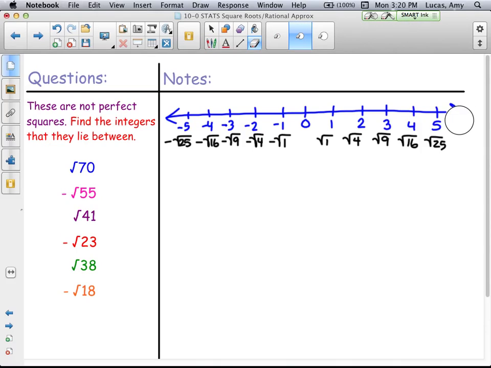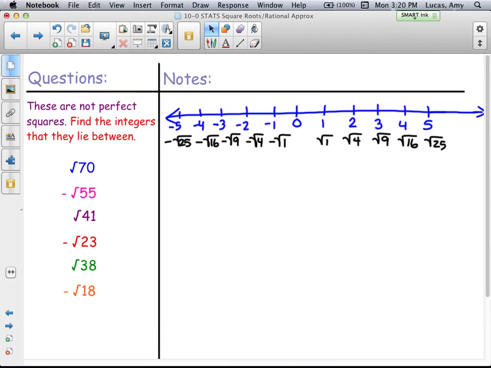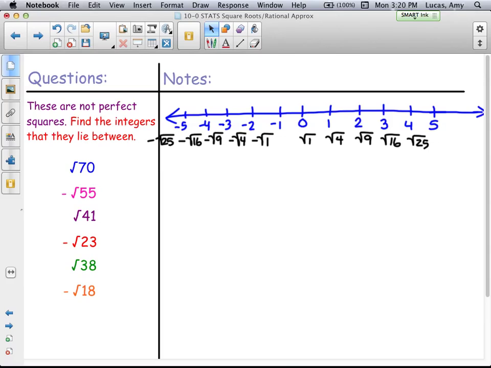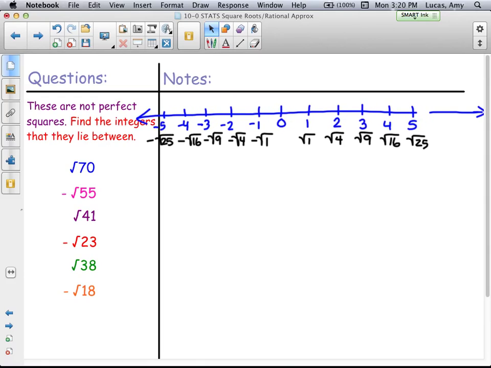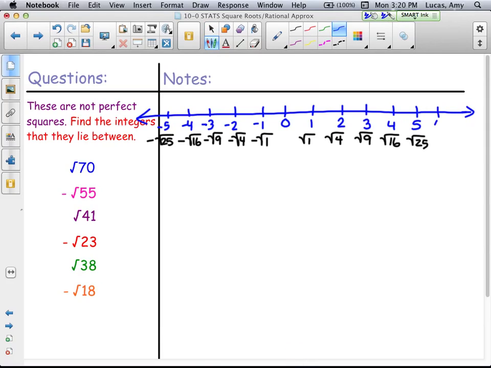It could be that I don't have enough room for some of my numbers, so we'll see if I can slide anything down. Okay, it's a little bit better.